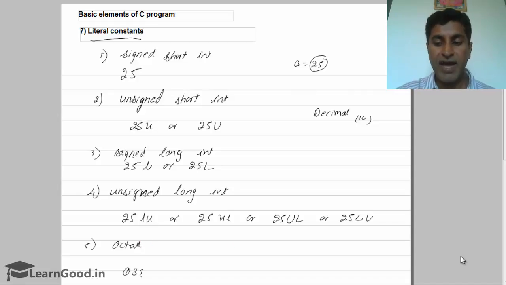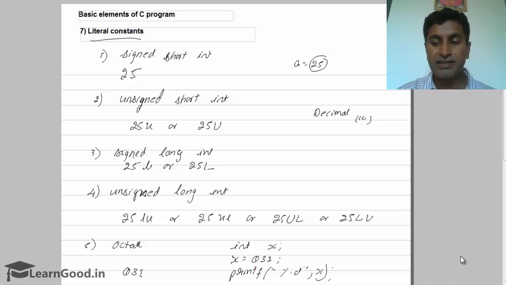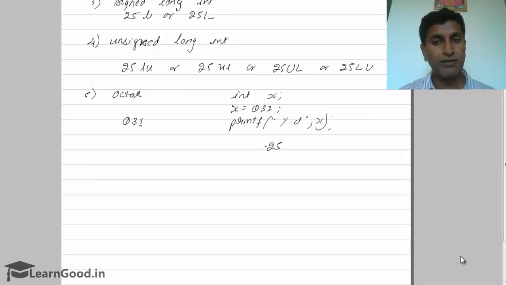Now if you take an integer variable x and give x equals 031, and if you try to display the same value by giving printf %d and then x, it's not that 31 will be displayed. It will display 25. Why? Because the data you are assigning here is not a decimal value. Because it is prefixed with 0, it is an octal value.